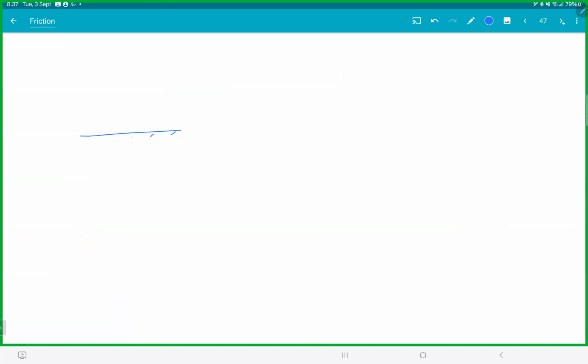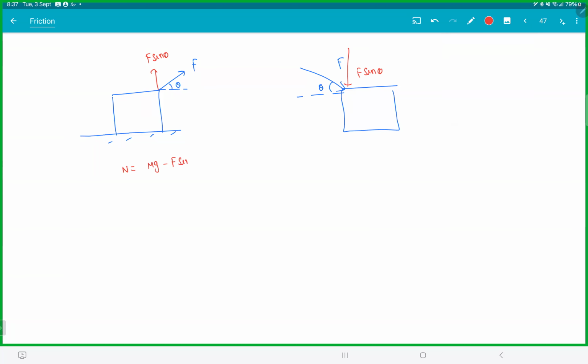So, same thing, if you take a block here, and if you push with F, the difference in both the cases is, this would be your F sin theta. So in the pulling case, the normal reaction would be mg minus F sin theta.